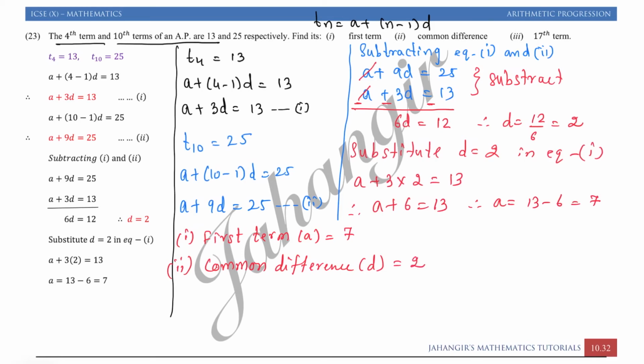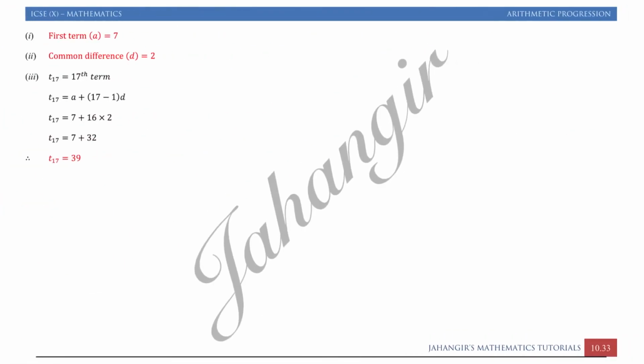Now in the third part we have to find the 17th term. For the 17th term let us write the Tn formula. Tn is equal to A plus n minus 1 into D. Now we want the 17th term. T17 is equal to A, the A value we got as 7, plus 17 minus 1 into D. D is 2.